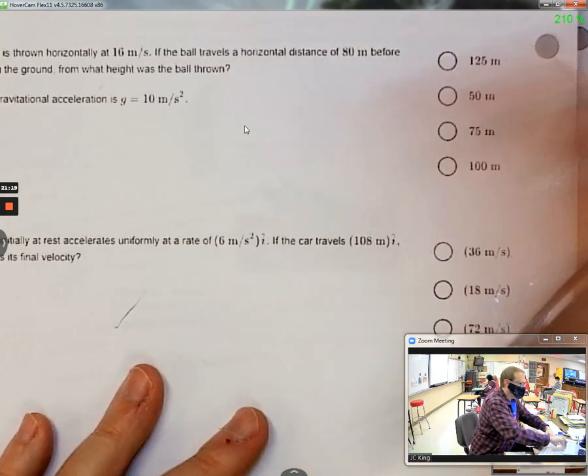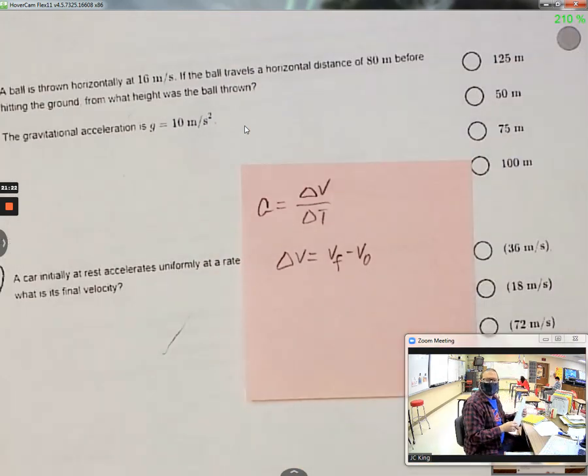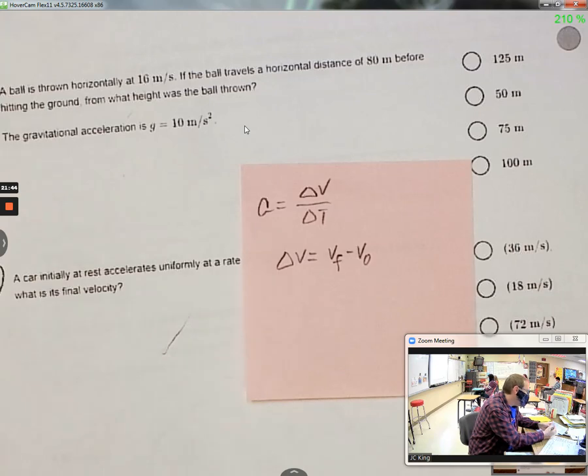Yeah, there you go. No, that's acceleration. Could we use Big 5 number 2? Probably. Let's see. I just don't know where it's at.